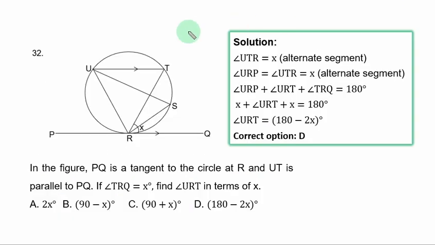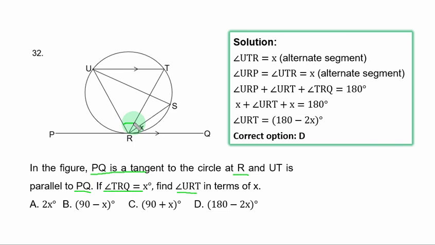Question 32. In the diagram, PQ is a tangent to the circle at R and UT is parallel to PQ. If angle TRQ is equal to S degrees, find angle URT, that is this angle in terms of S. Solution.